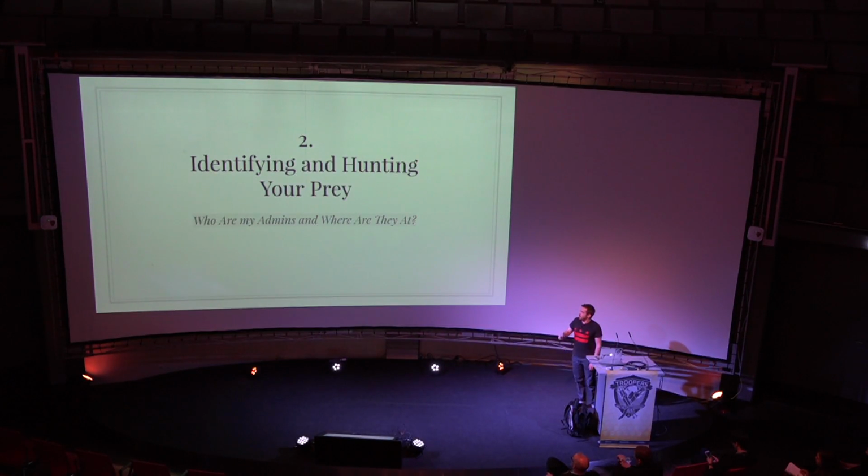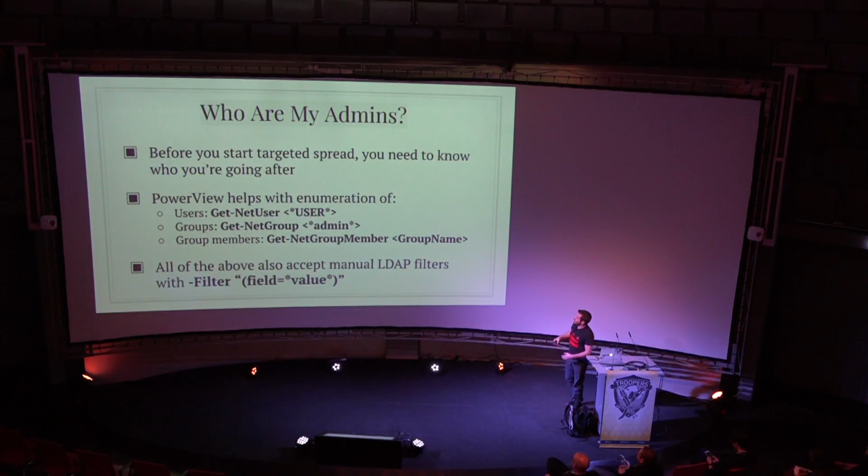So the first section: identifying and hunting your prey. Who are my administrators or users I'm interested in, and where are they located? Before you start going about your lateral spread, you need to figure out who you're actually going after. There are a couple PowerView commandlets or functions that really help with this. If you want to get users that match a particular pattern, you can use wildcards and get users with a particular name.